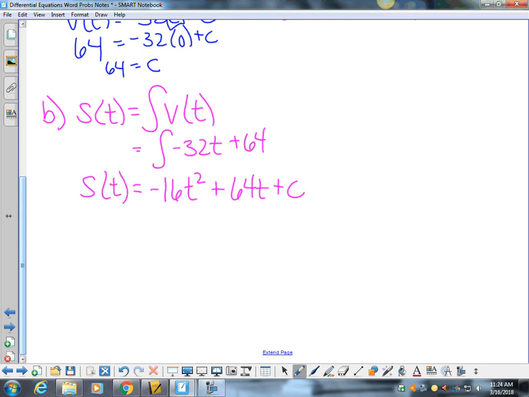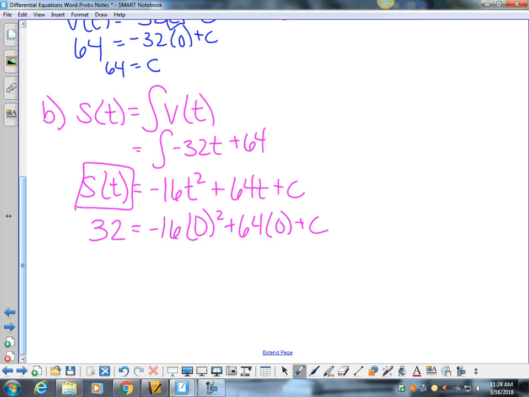Okay, but it told me something. What did it tell me? The height of the particle is 32 feet at time 0. So its height is 32 at time 0, which means c equals 32.